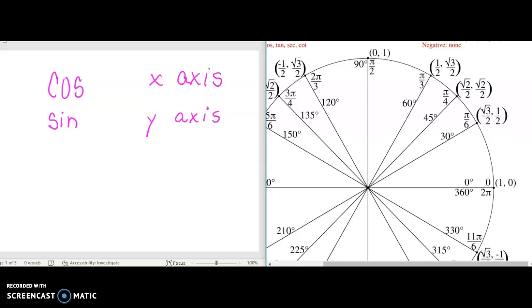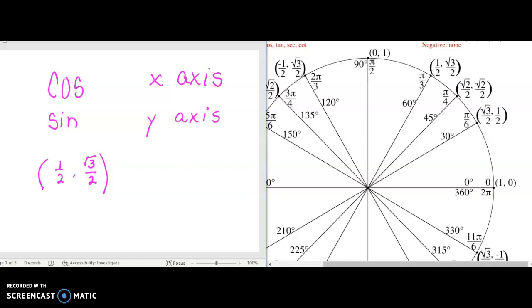Our x-axis is always associated with the cosine value, and our y-axis is associated with sine. So if we had a coordinate, like let's say 1/2, square root of 3 over 2, which is actually the coordinate for a 60-degree angle. If you look over at the 60-degree angle, that is the coordinate.